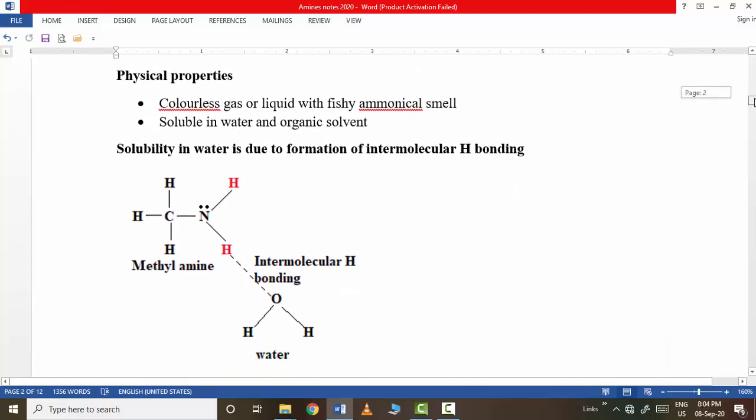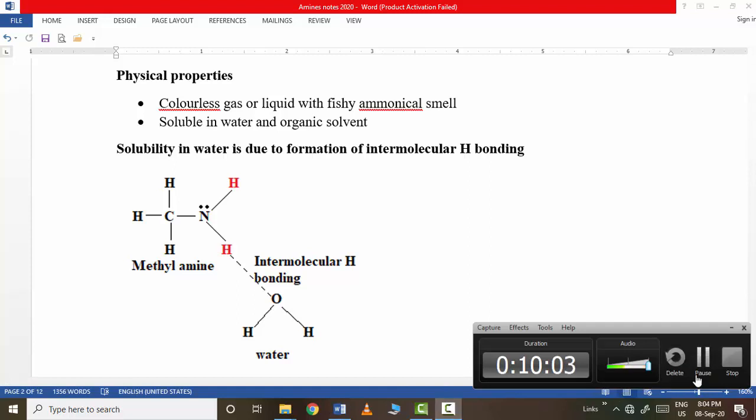Let us look into the physical properties of methylamine. They are colorless gas or liquid, they can be in both forms, with a fishy ammoniacal, pungent smell, and they are soluble in water and organic solvents. Methylamine is soluble in water mainly due to the formation of intermolecular hydrogen bonding.